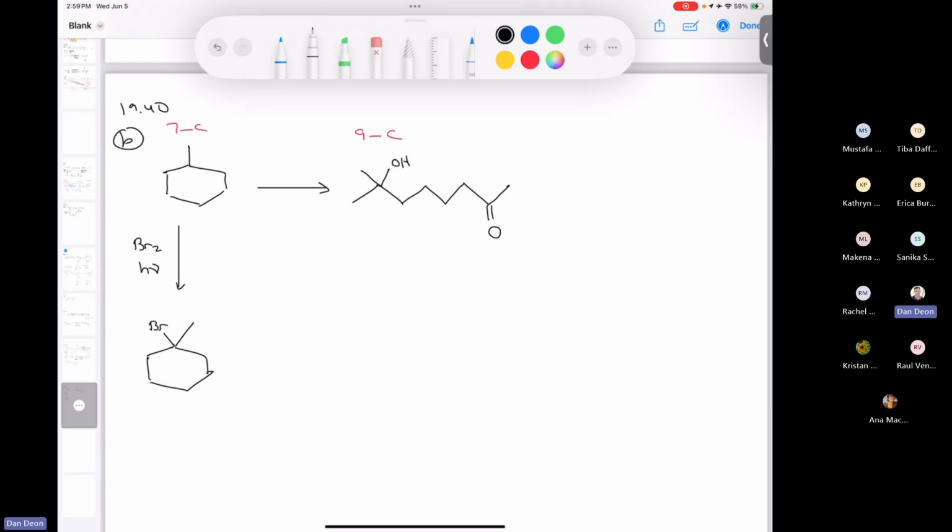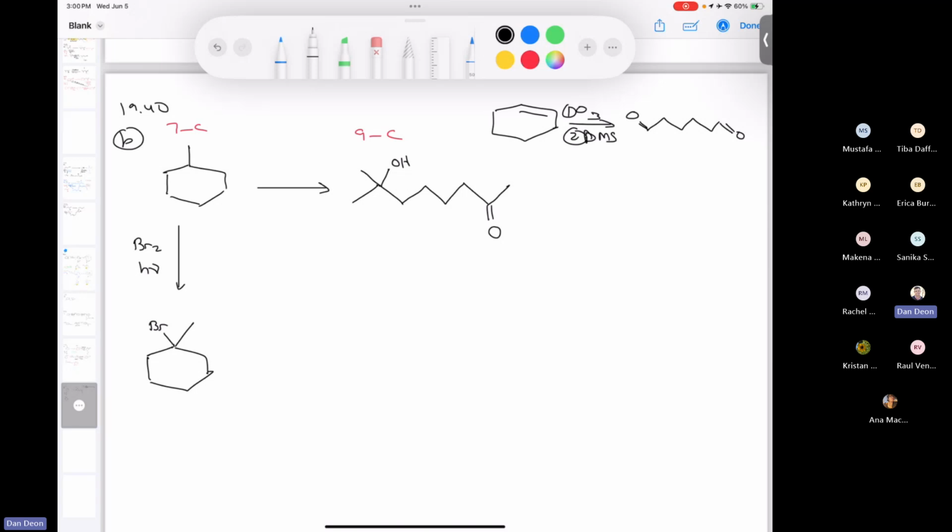Now, in terms of breaking the ring open, really the only thing I have is to have a double bond in the ring and then to treat that with ozone, followed by DMS, right? Because that's going to open the ring. I'd get 1, 2, 3, 4, 5, 6, and then I'd have a carbonyl over here and a carbonyl over here like that. And you can see that you have 2 carbonyls in the compound.